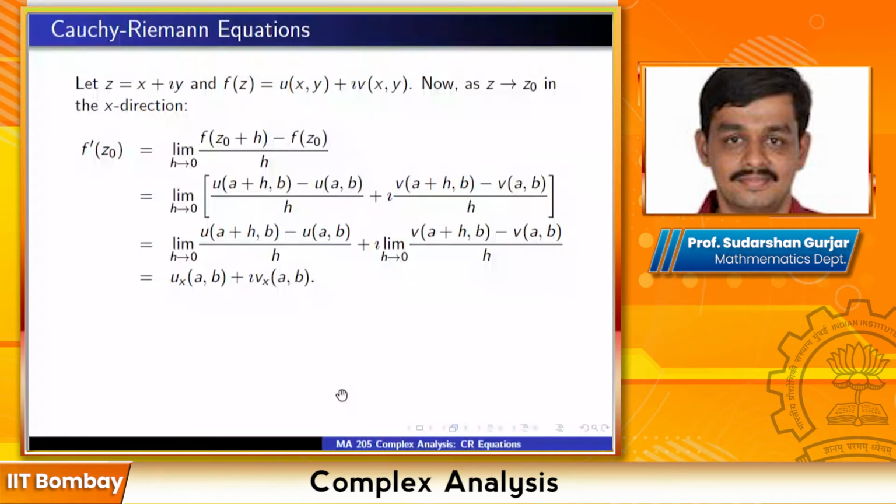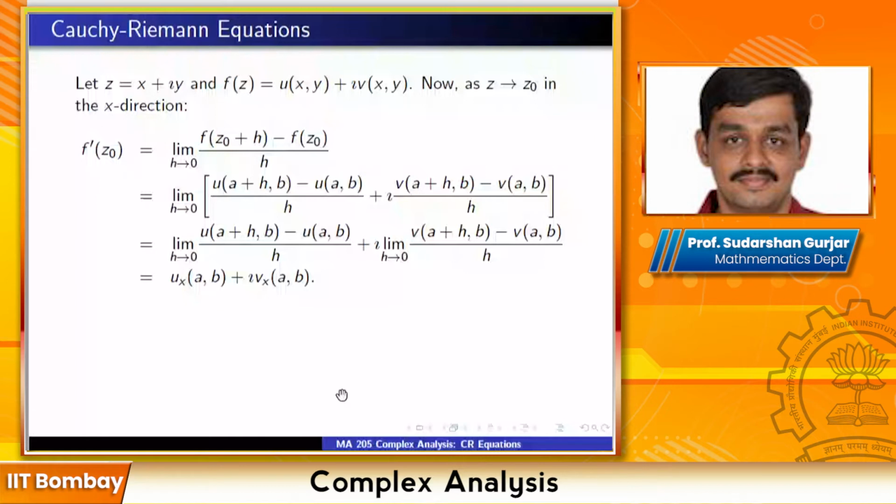Now let's separate this into its real and imaginary parts. So I can write this as (u(a plus h, b) minus u(a, b)) plus i times (v(a plus h, b) minus v(a, b)), all upon h. From step 1 to step 2, it is simply separating f into its real and imaginary parts. So this is separating the two limits; the limit of a sum is the sum of limits.